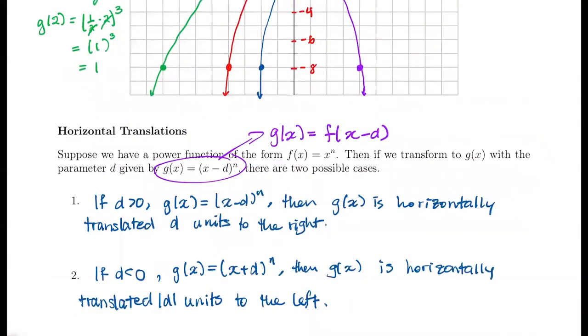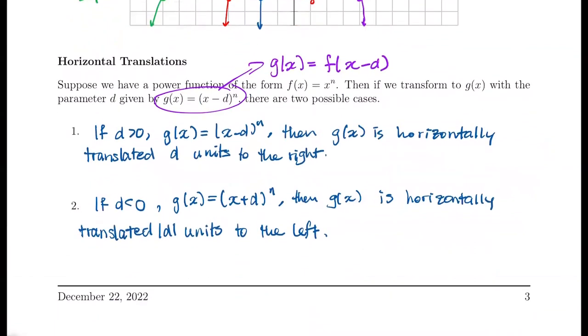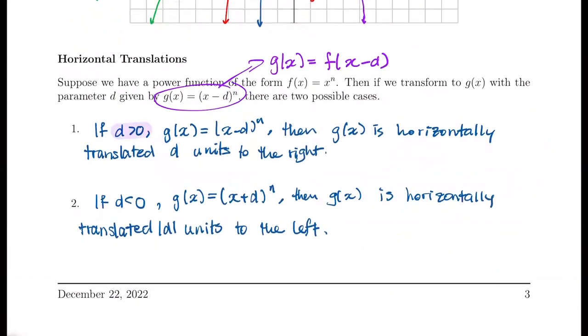And then we looked at the horizontal translations, where we note that when d is greater than 0, then g of x is horizontally translated d units to the right. And when d is less than 0, then g of x is horizontally translated the absolute value of d units to the left.